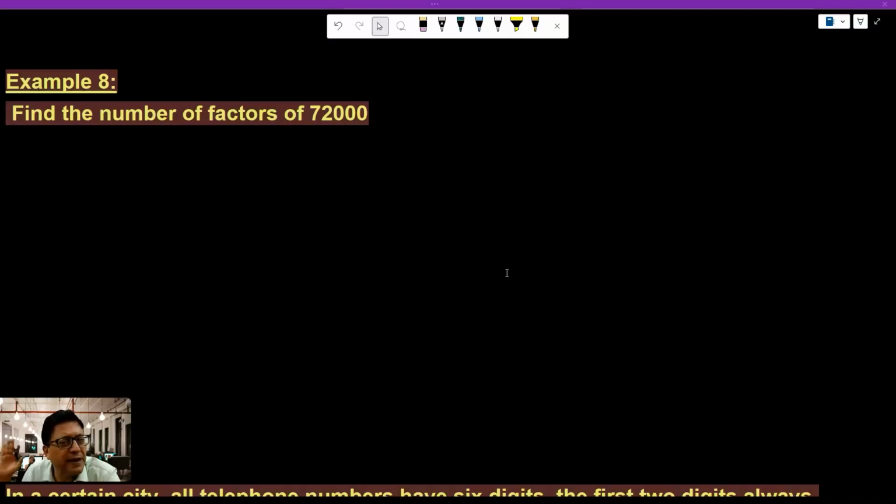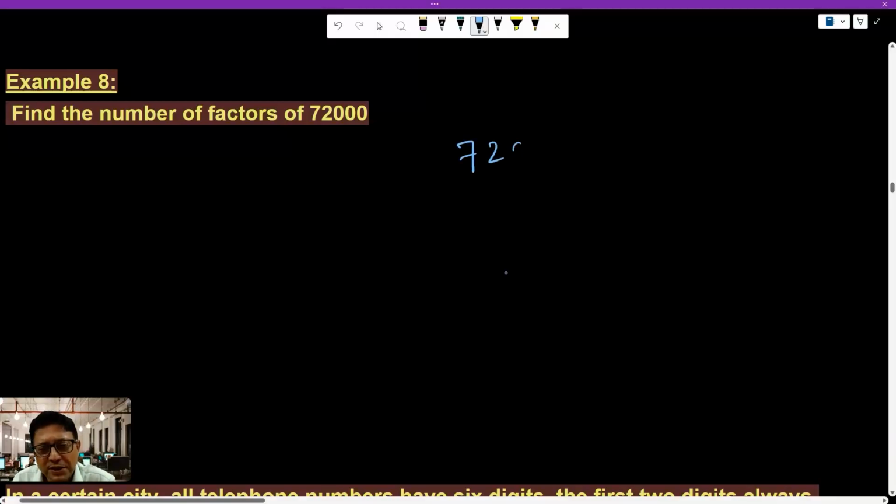Find the number of factors of 72,000. How many factors are there of 72,000? You write the prime factors of 72. It is 9 into 8, then 2 into 5, 2 into 5 and 2 into 5.